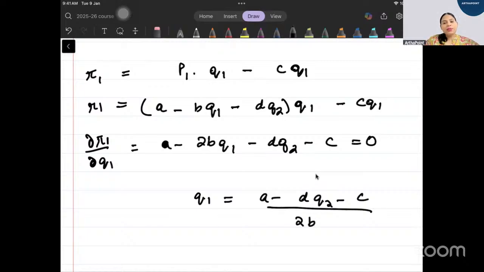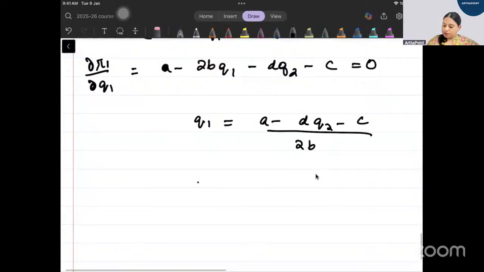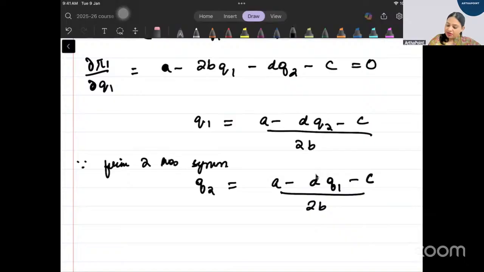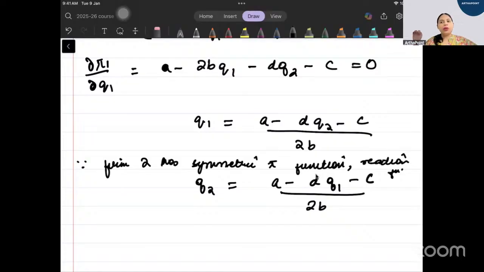And Q2 will be symmetric in nature. So Q2 will give me A minus DQ1 minus C by 2. Again, you don't have to solve for Q2. It's a symmetric function, right? So you can just write that since firm 2 has symmetric profit function, the reaction function of firm 2 will be, and just write it down.